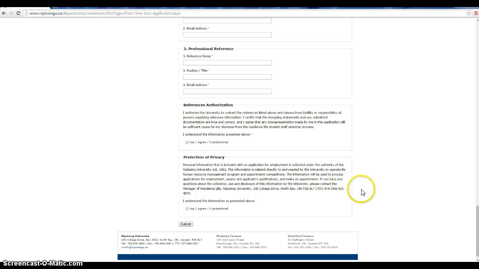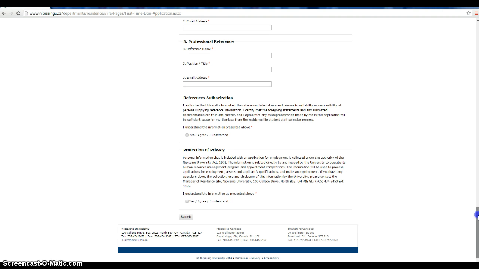If you do have any questions about the use or the disclosure of this information, there is contact information on who you can talk to air your concern.